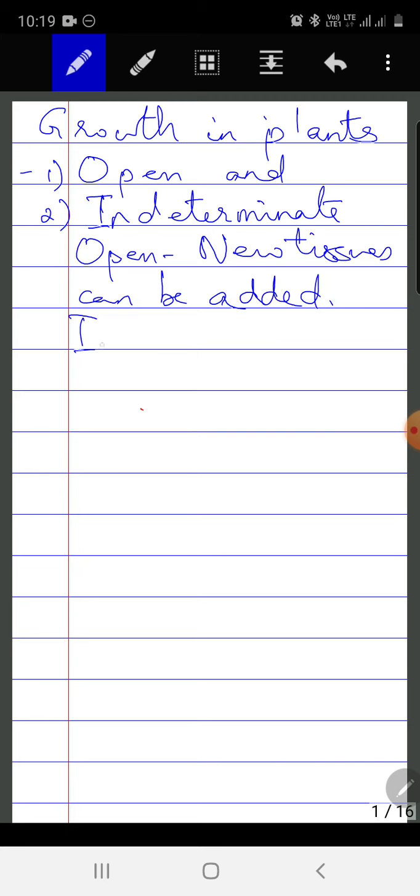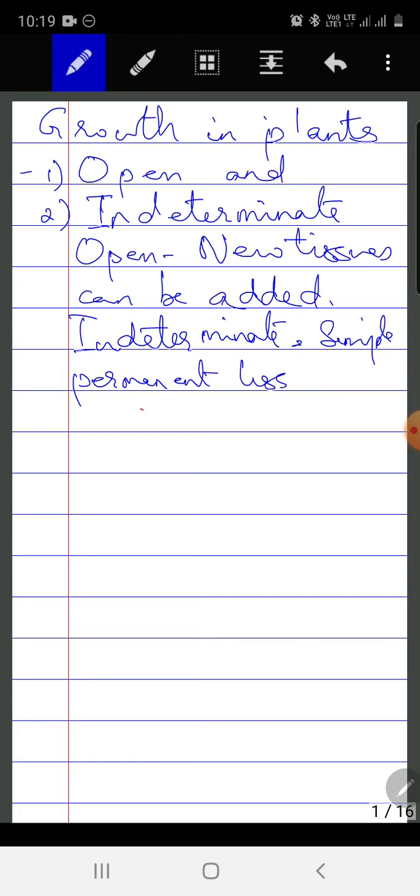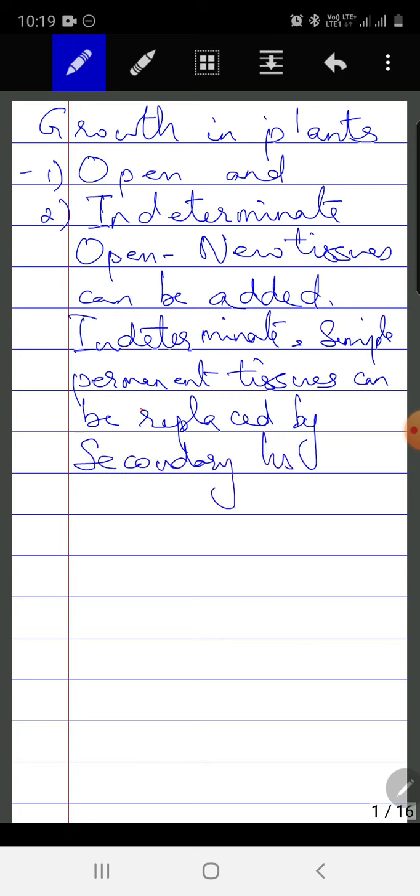And indeterminate, if you remember, we said simple permanent tissues can be replaced by secondary tissues, right? So this is what we had discussed.